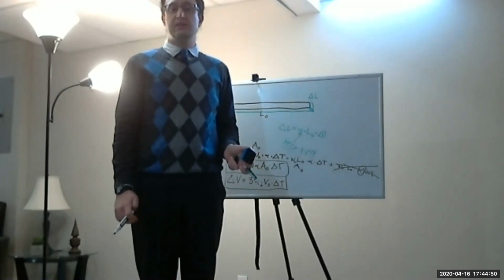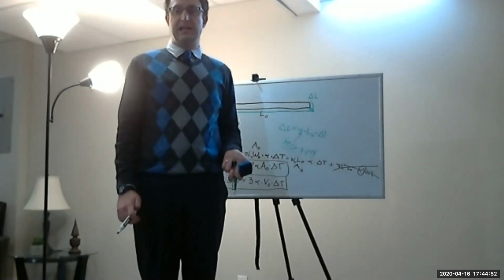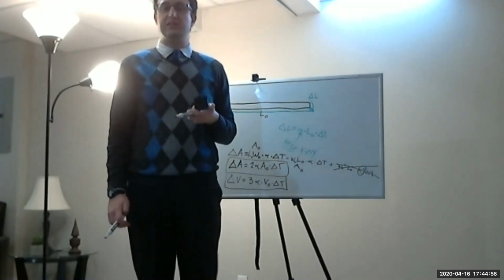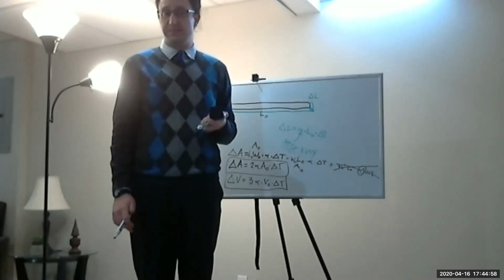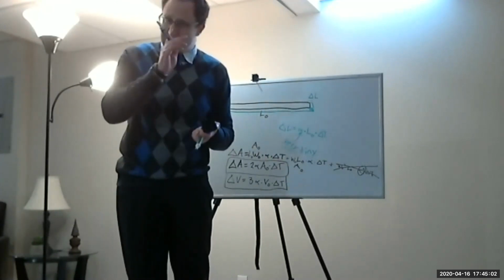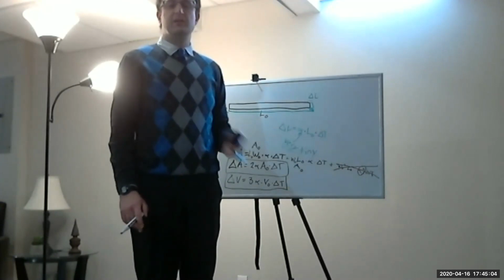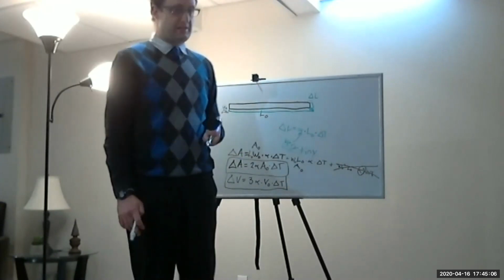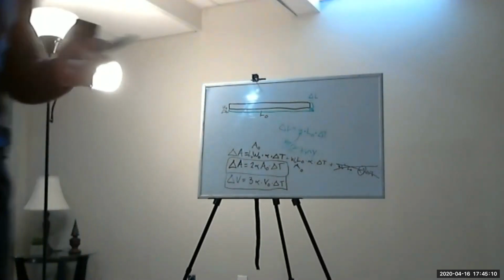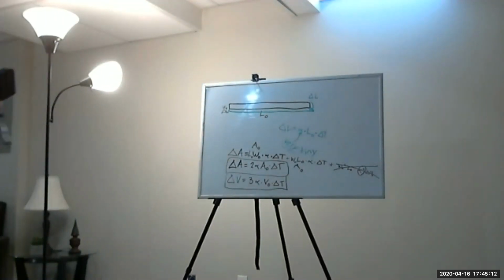Something that's, say, like, I don't know, the giant metal sheet on the front of the science building as part of the decoration. You might want to consider that term for that, simply because it's going to be expanding by a decent amount, because L naught and W naught are so large. Any questions so far?